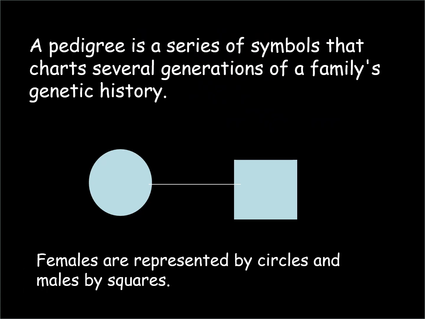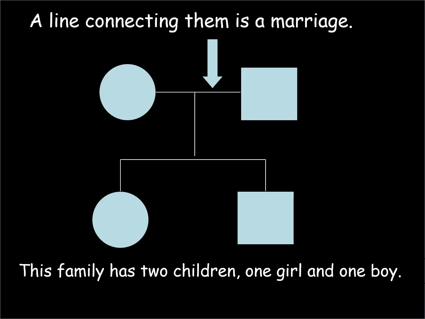Again, females are represented by circles, and the square represents a male. A horizontal line indicates marriage. A vertical line indicates children. Now this couple right here, they had two kids.